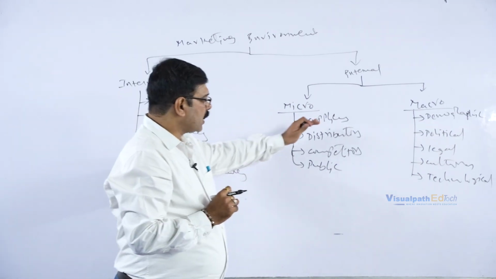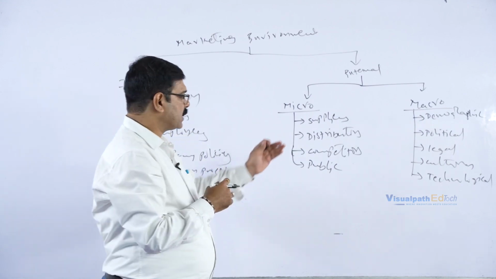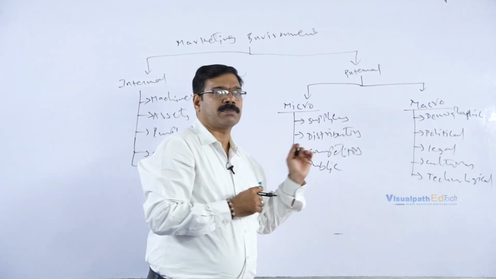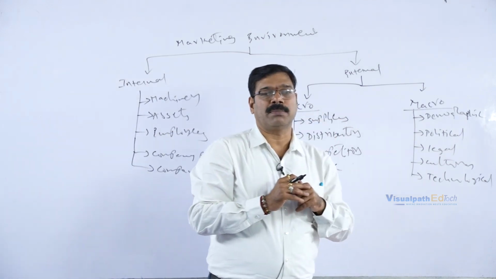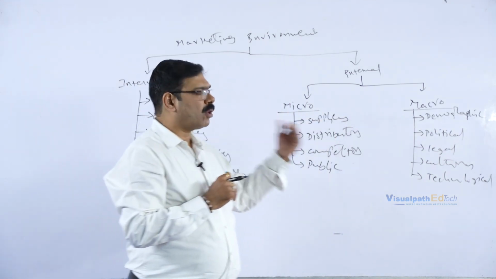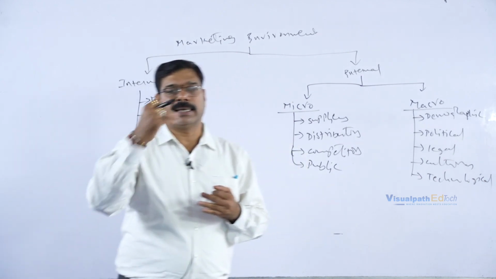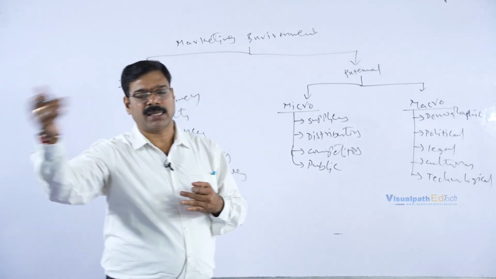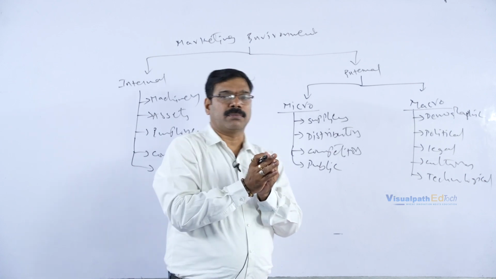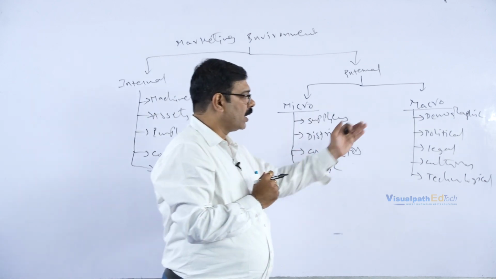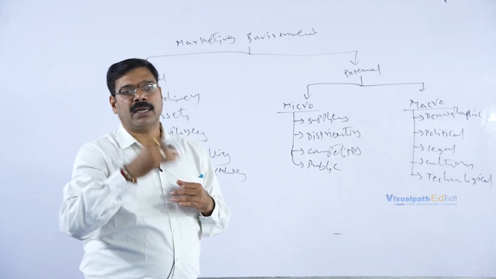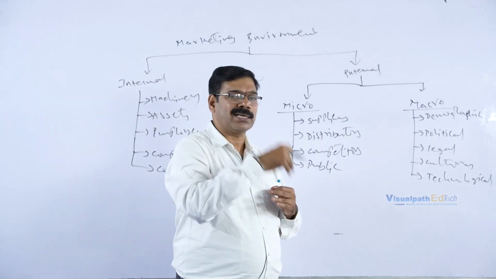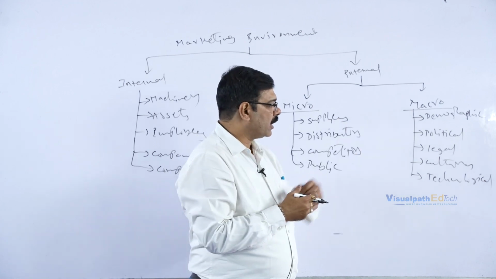For suppliers, distributors, competitors, and public, partial control is possible. But with the macro environmental factors, the demographic factors, for example, the age, sex, and other factors, you cannot control them. Population, you cannot control. And the political factors, whatever the government does, you cannot control. You need to adjust your business according to the political factors.